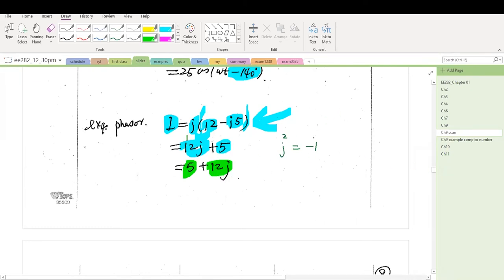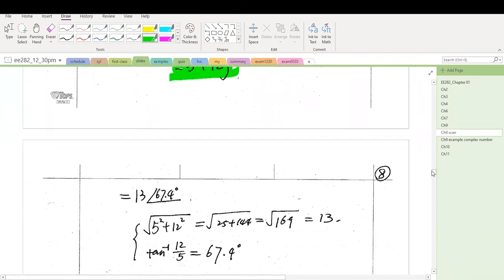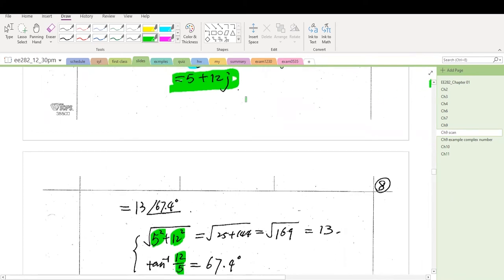Now to obtain the time domain expression, we need to obtain the polar form of this complex number. For the polar form, we need to obtain the magnitude, and then the angle. The angle is arctangent of 12 divided by 5, that's 67.4 degrees. The magnitude is 13.